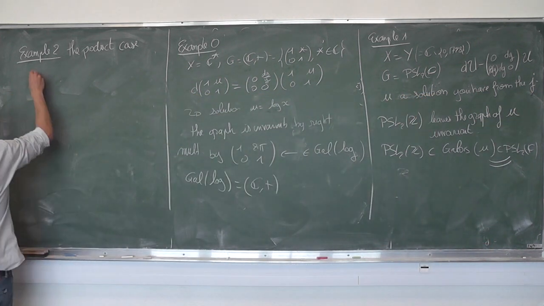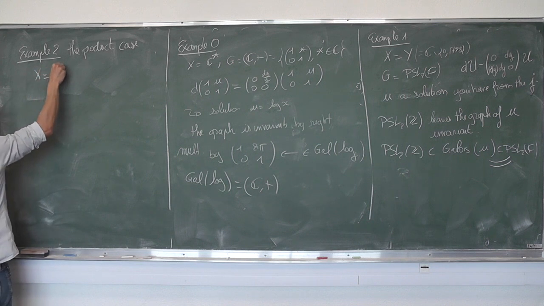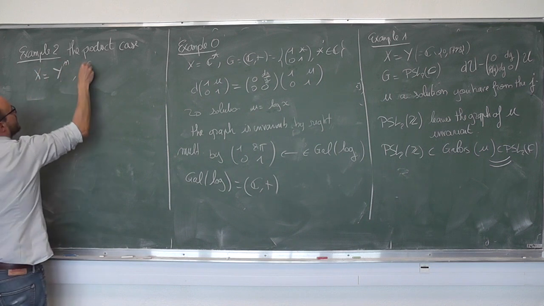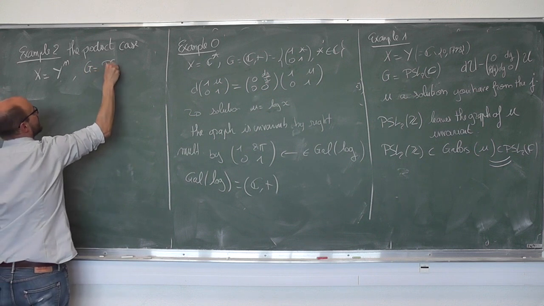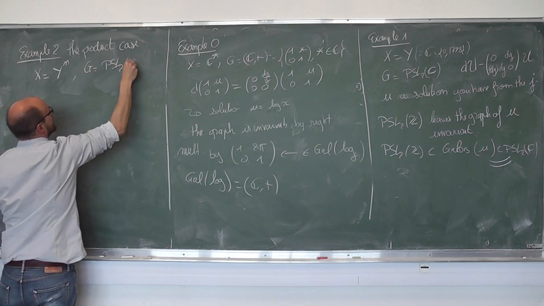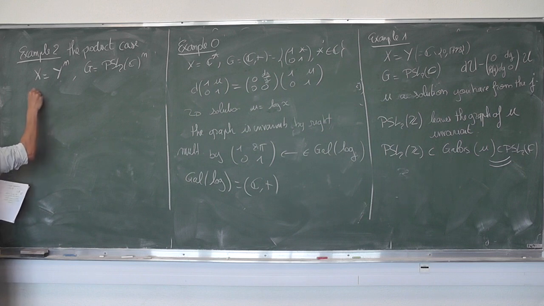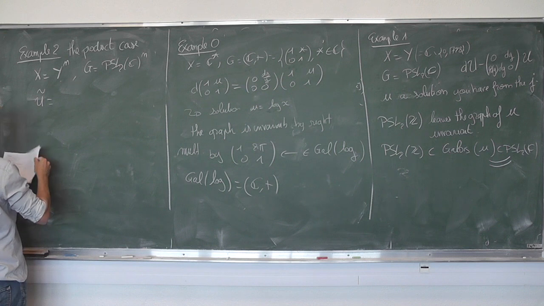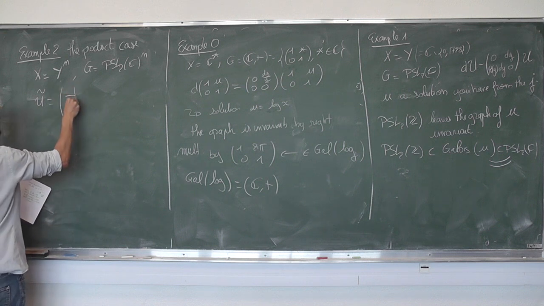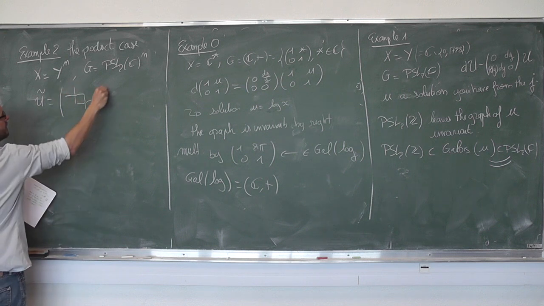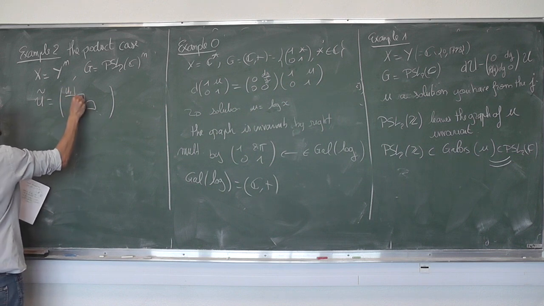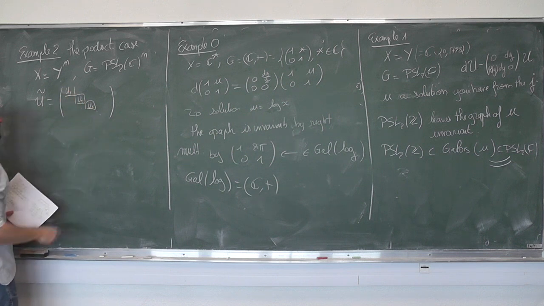So meaning that we are looking at X, which is Y to the n, and G, which is PSL2C to the n, and remember the tilde notation, yes, U tilde is now a block diagonal matrix with U1, U2, U3.